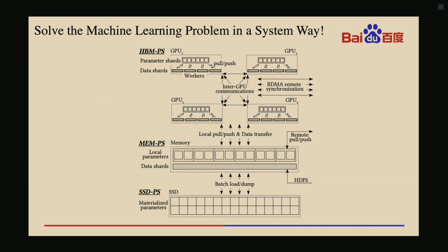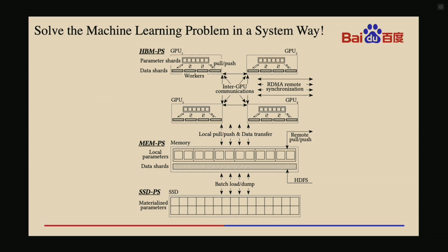So we propose a hierarchical parameter server that has 3 layers. The first layer is called HBM parameter server. HBM is the memory of GPU. So the working parameters are stored in the HBM, and those GPUs can do inter-GPU communications within the same machine, and can also do RDMA remote synchronization with the GPUs on other machines in the cluster.